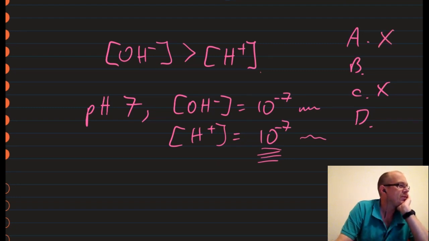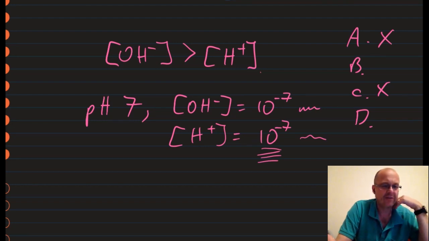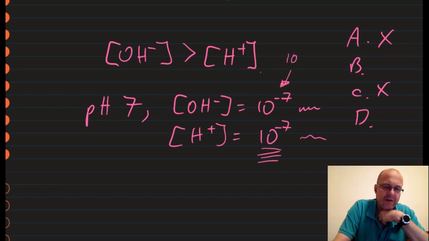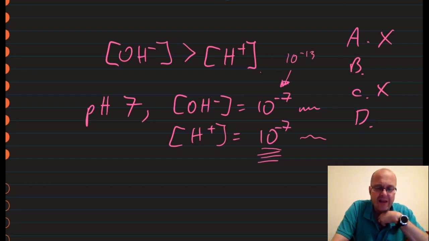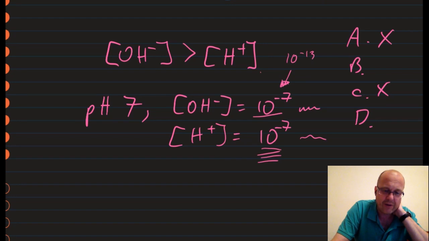For the next one, the OH minus is 1 times 10 to the minus 13. So they're saying, what about if it's 10 to the minus 13? Oh, that's even less than I want. I want a concentration of OH minus greater than 10 to the minus 7, not less than 10 to the minus 7, to make it basic. So that's wrong.